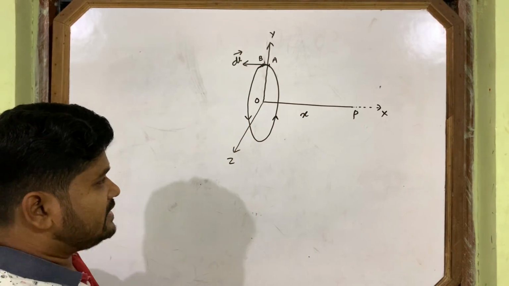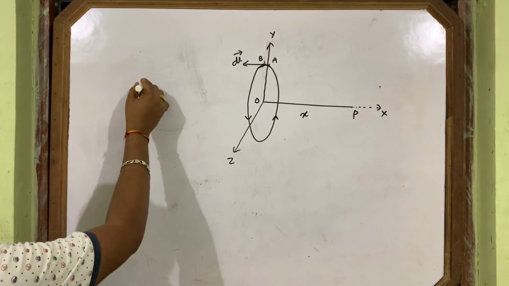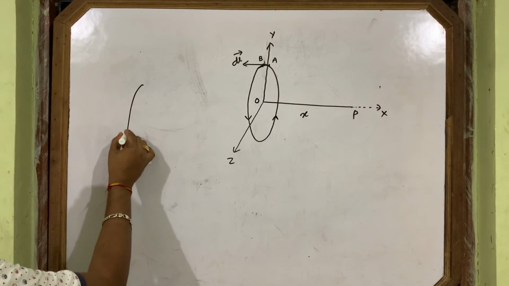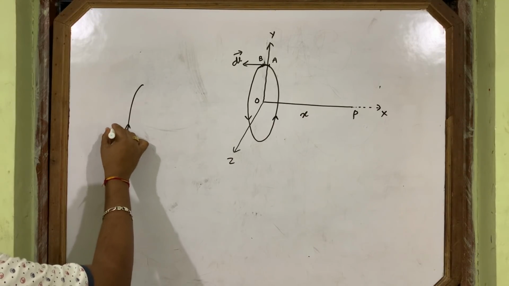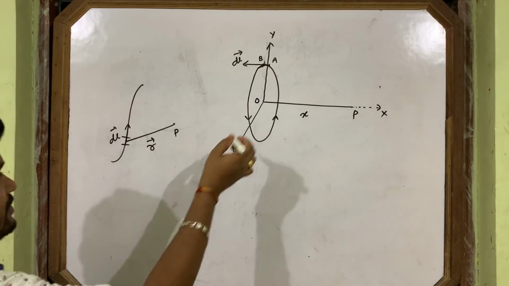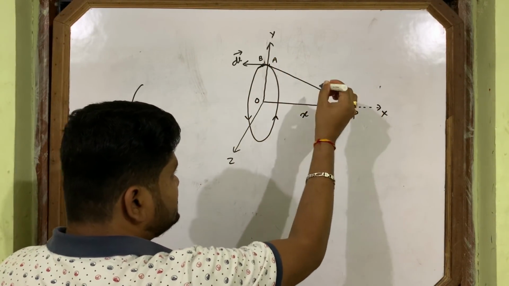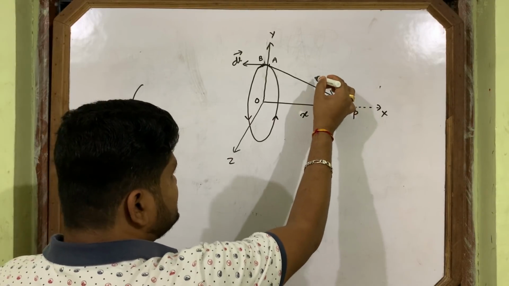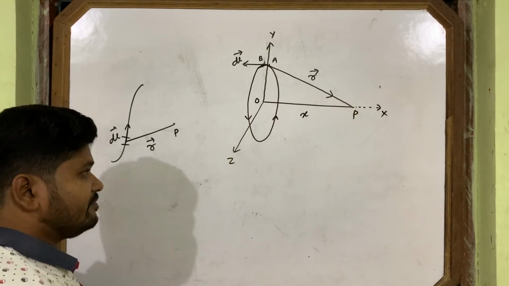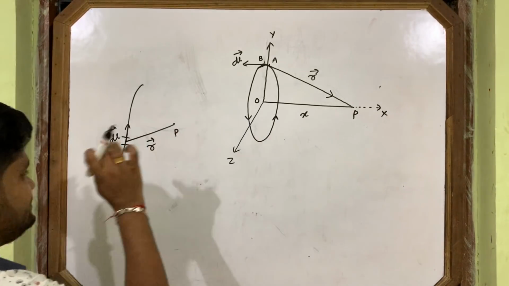Okay. Now compare with this diagram. This is the small element. From the small element we join to the point P, and that is the position vector. The position vector is like this. This is the r vector.